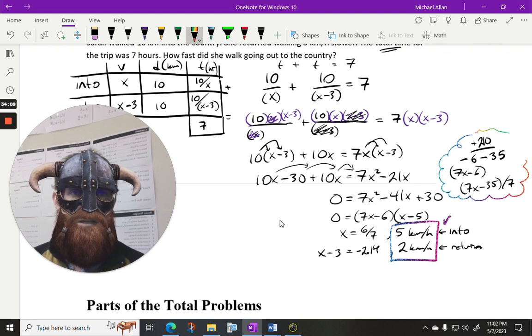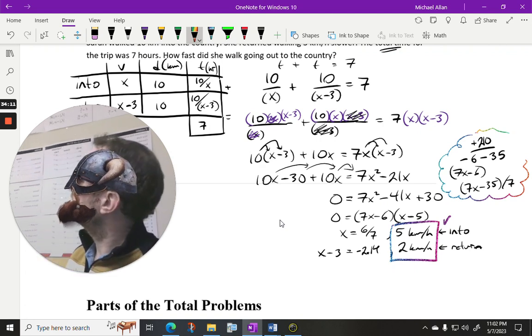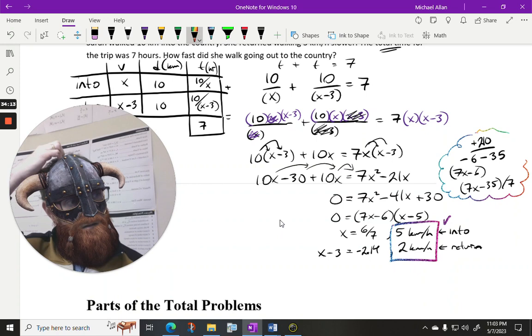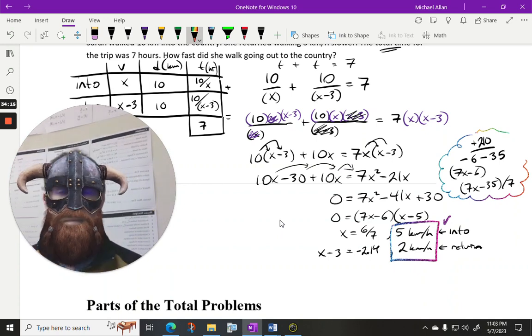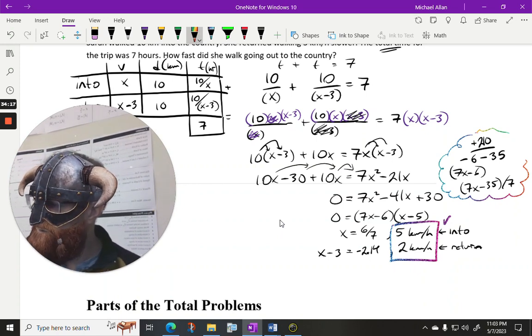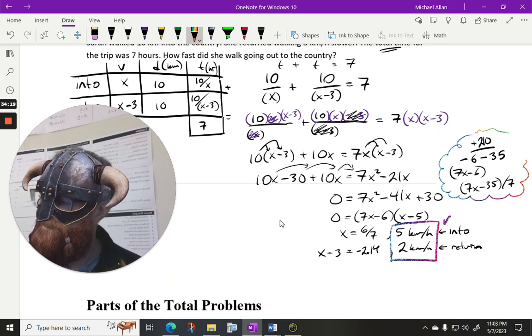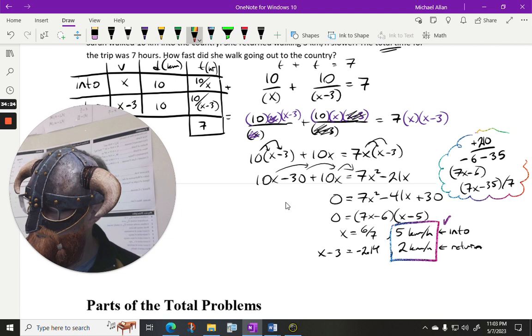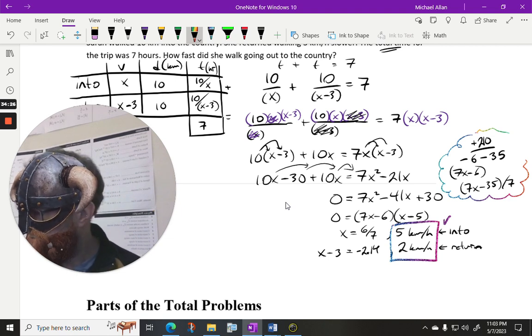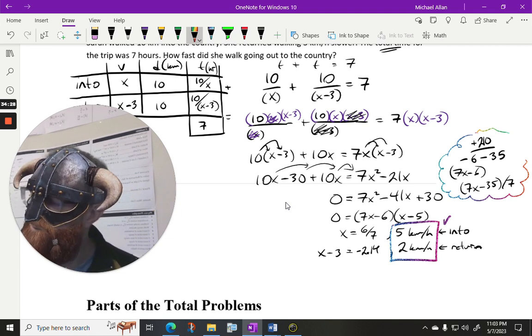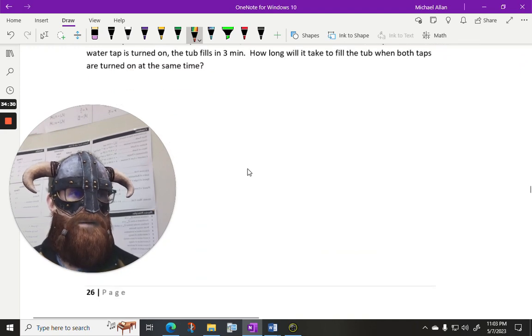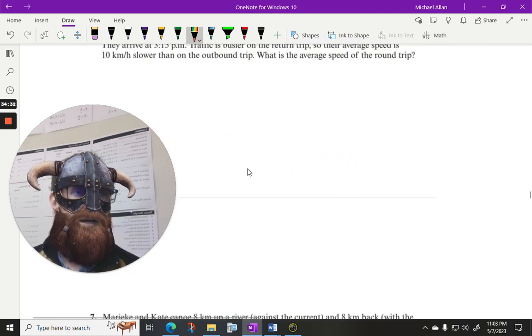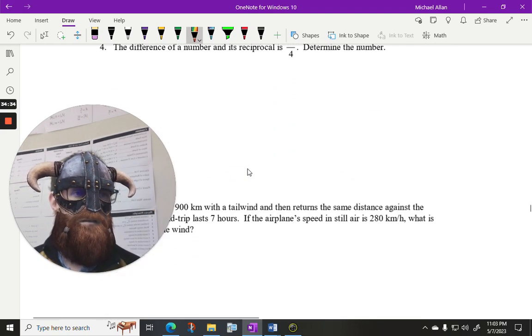I'm just going to give you a little bit more time today, a half hour or so, or a little bit more than a half hour, to work through some of these practice questions. This assignment is on the desk here. It has some word questions, but it doesn't have a word question that pertains to this total parts here. I'll talk about that tomorrow. And there's more practice questions in here that we'll do tomorrow as well regarding this stuff.